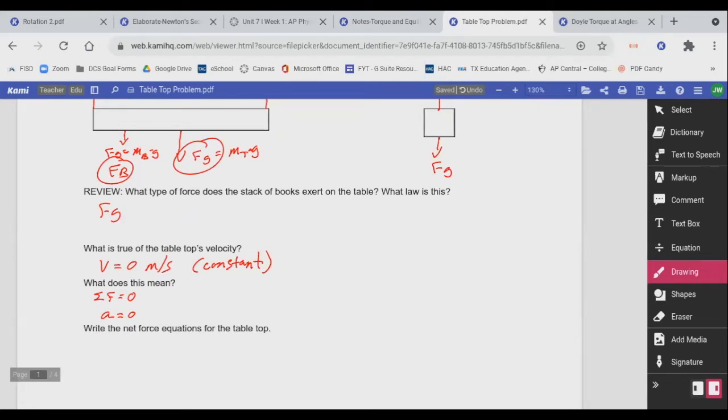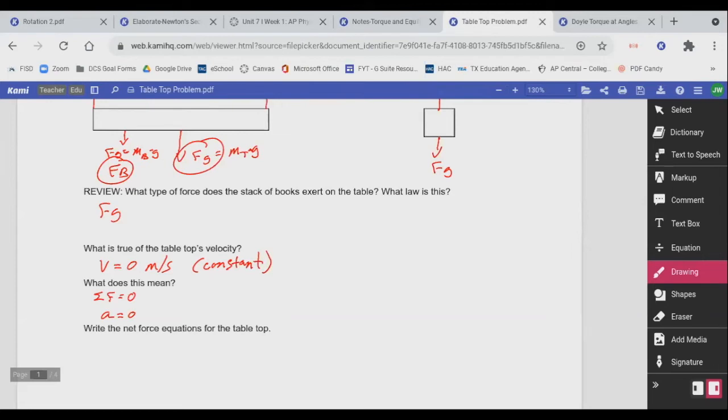It's just going to be a shorthand for writing these out. And when you look back at it, you might wonder which one's the books, and I don't want too many subscripts or for it to be confusing. So let's call the force of the books down FB, and then Fg can be the tabletop's force of gravity. So here we need to write the net force equations for the tabletop.